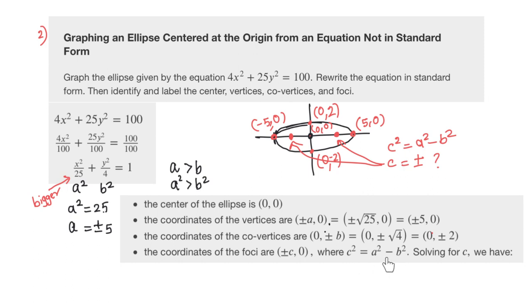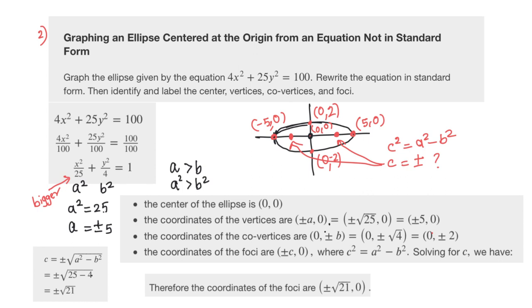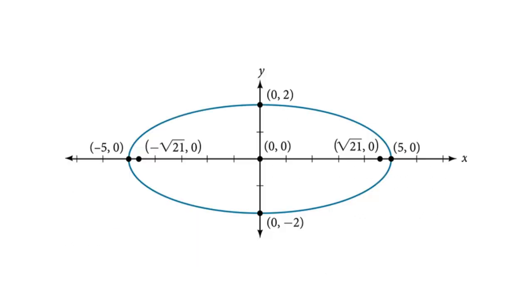Then use this formula to find the foci. So c is plus or minus square root of 25 minus 4, that is plus or minus square root of 21. So foci is plus or minus square root of 21, comma 0. Now we can graph it neatly using all this information. Graph it, include the vertices, foci, co-vertices and the center.